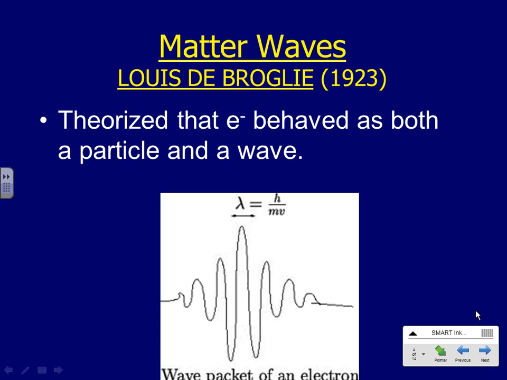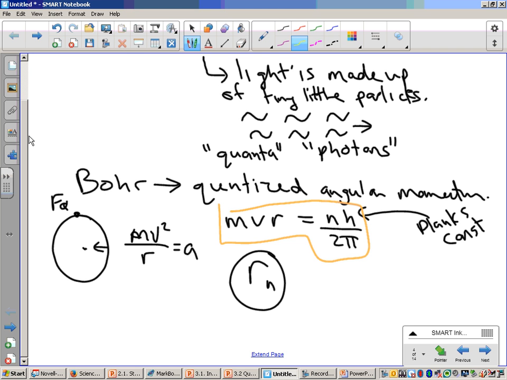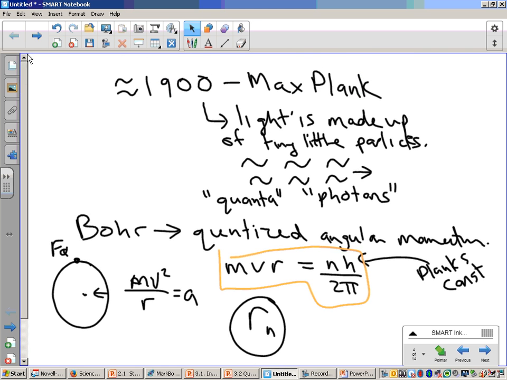He theorized that electrons behave both as a particle and a wave. Here's what he did. I introduced you to Planck. Planck in 1900 said, you know what? In order to really make the mathematics work and make everything follow what we see, I need to make light, instead of a continuous wave, up in terms of little tiny pieces or particles.